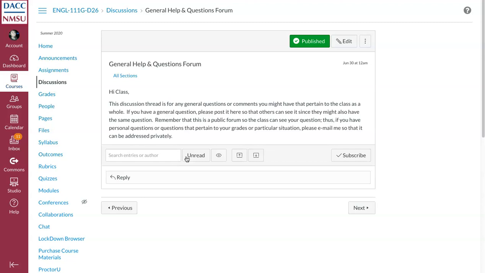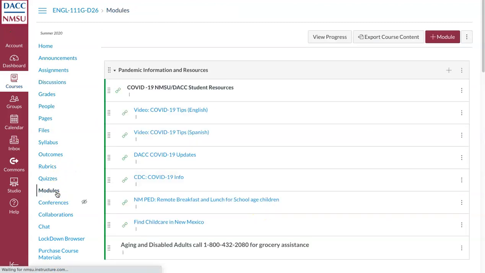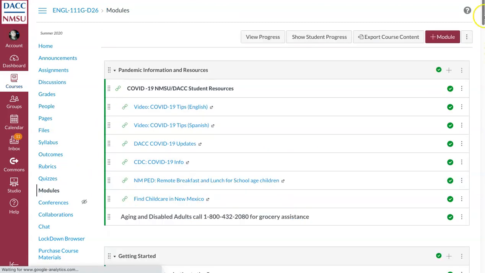However, please make sure that you do not post anything personal or any questions that are about you. For privacy reasons, anything about your grade or your assignment, it's better if you email me so that I can reply to you and only you. Just make sure that you remember that everybody can see this, so don't post anything personal or private. Just post general questions that you think other people might have.